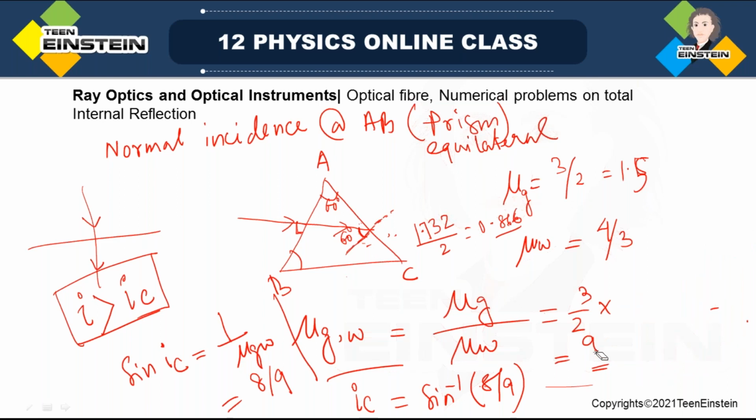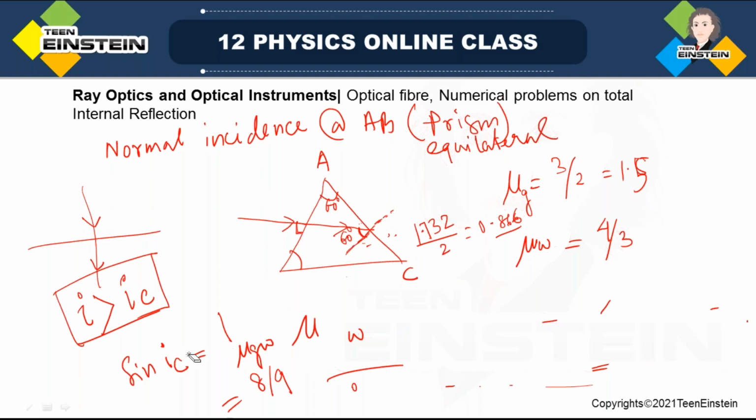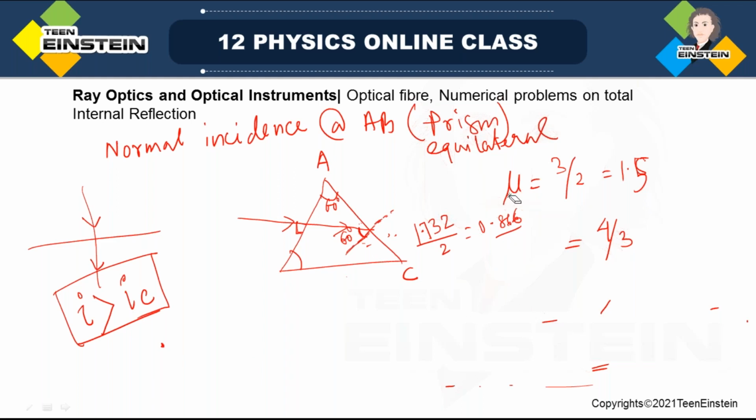You have to be a little bit strong in calculation in this kind of cases. So you have to find out what the interface is, and for that interface what will be the critical angle.